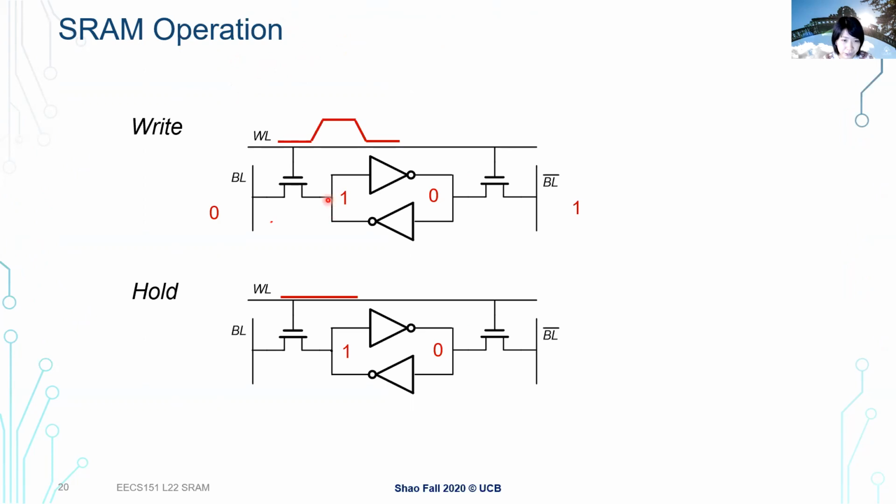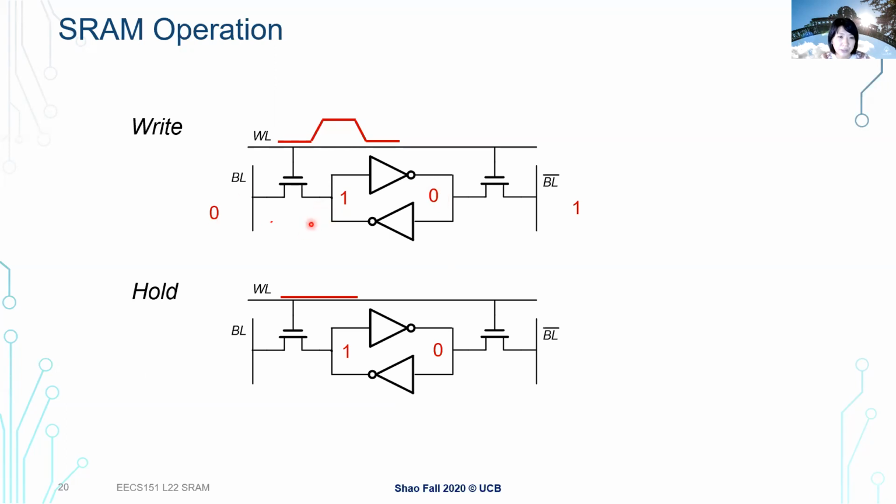We'll discharge this VDD to 0 because my bit line is 0 and my gate is on, so my transistor is on. I will perform the discharging until what I have here becomes a 0. And when I have a strong 0, this will naturally be a 1 here, right?